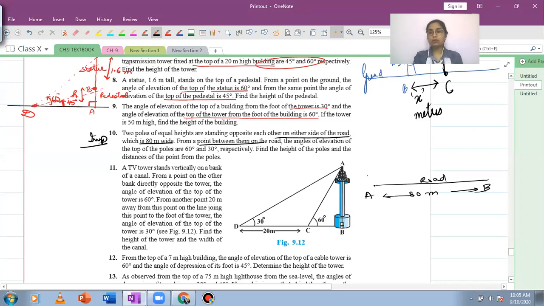The ends or the edges of the road have been marked as A and B. So on either of the two ends, I have poles of the same height. And the height of the poles is not given, so I'm just going to write down h. Let AC be the first pole and AD be the second pole.